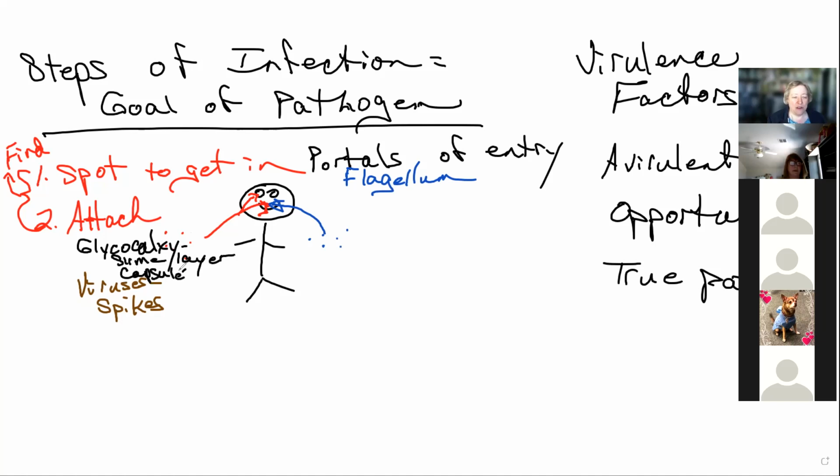And capsules are going to show up again, because depending upon the pathogen, capsules have different jobs and abilities. But in this situation, a capsule can attach to another cell, say along your intestinal tract, or if it's a respiratory bacterium in your sinuses.